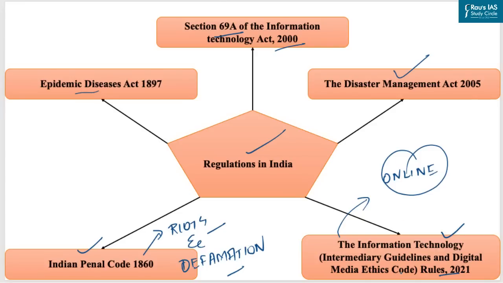And now, the recent amendment in these rules has drawn criticism from various experts who term it an attempt by the government to curb the exercise of free speech and expression. So these are the different regulations dealing with fake news in India.